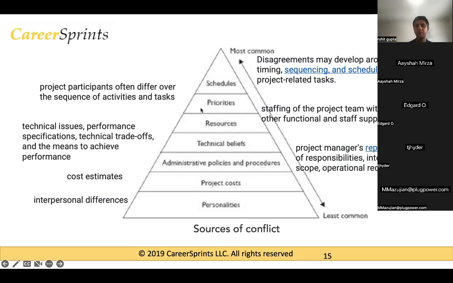Then you have priorities. So these are priorities related to project tasks or project features or project sequencing of activities. So normally, a product owner in an agile team, they have to work with many different stakeholders, right?